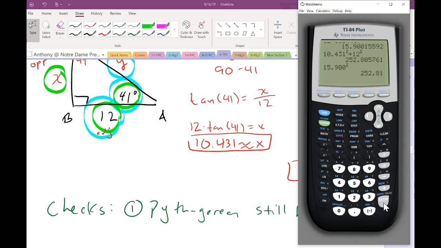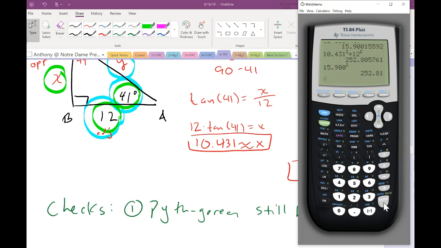Instead of using the full decimal for 10.431 and all the decimals after it, and the same thing with the 15.900 and all the decimals after that, if we had used the full decimal, we would get them to be exactly the same. But we rounded, so they're going to be a little bit different, which is all we're seeing here. So I would be, at this point, convinced that I had done this problem correctly.